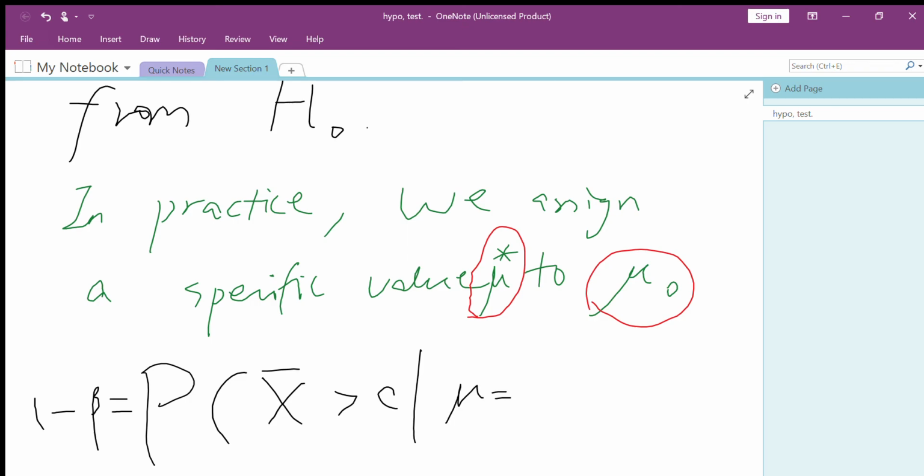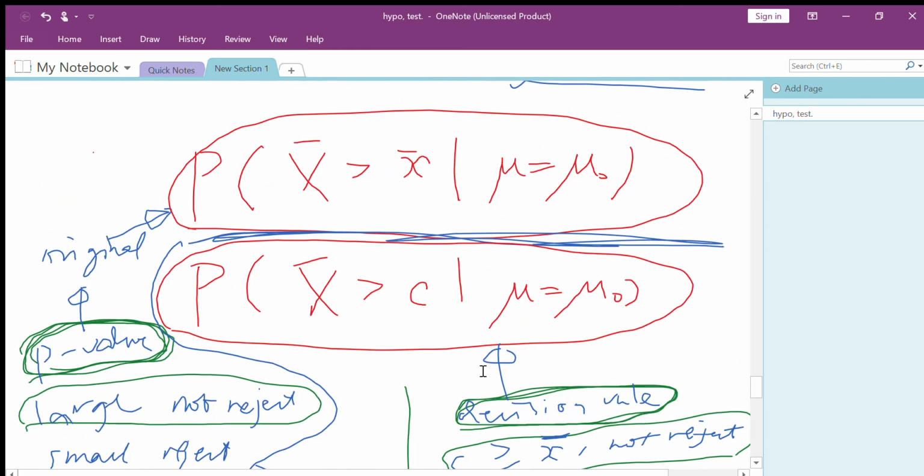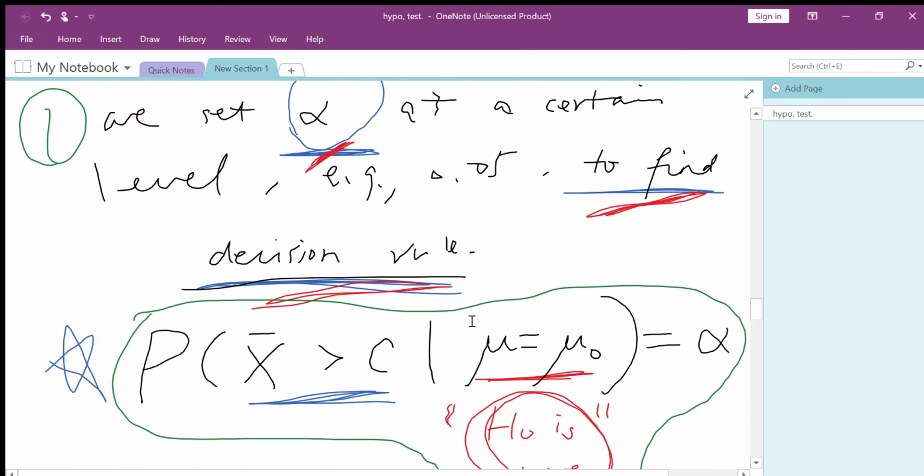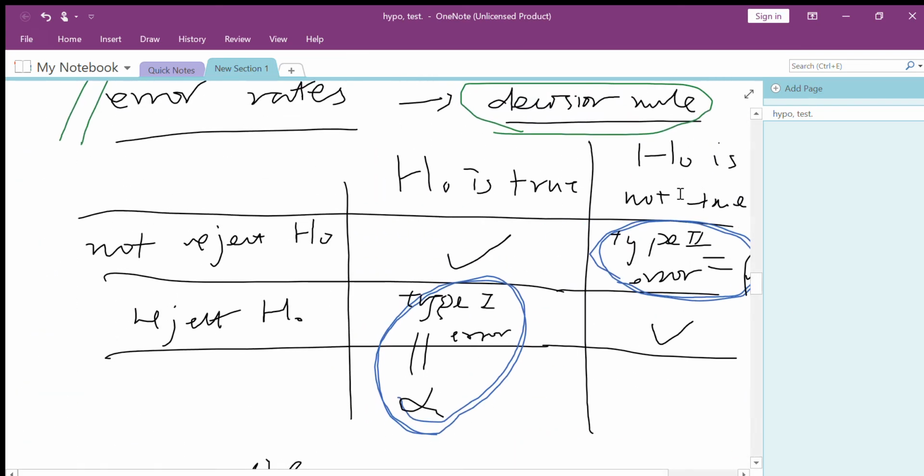Here we reject null when H null is not true. 1 minus beta is the probability of rejecting when H null is not true.